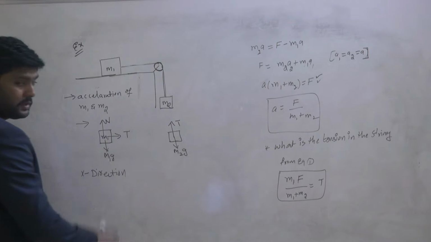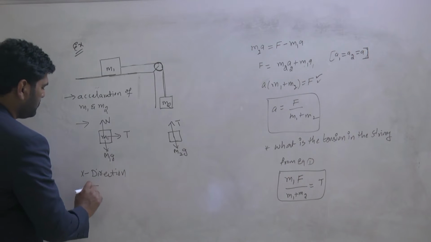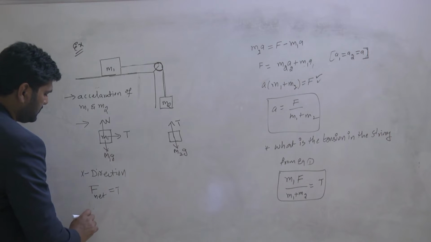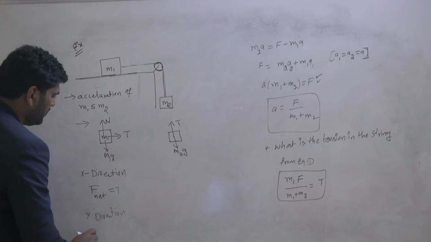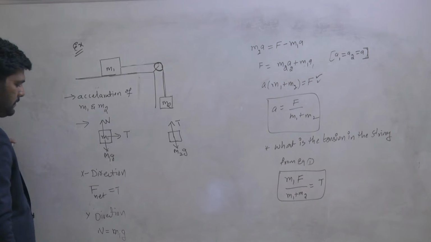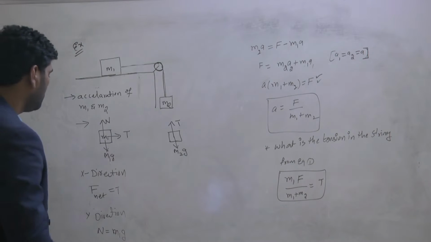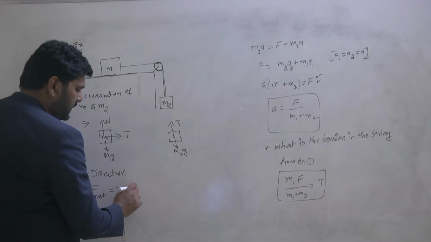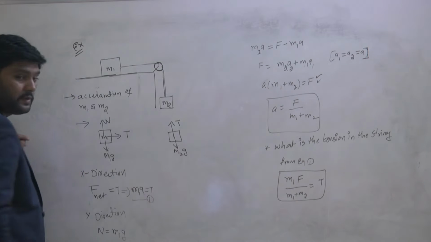If I apply the free body diagram in the x direction, the net force becomes T. In the same way, in the y direction, N is equal to M1G. This is the way the normal reaction is equal to M1G. Next, you can write F net as M1A1 is equal to T. So you can take this as equation 1.